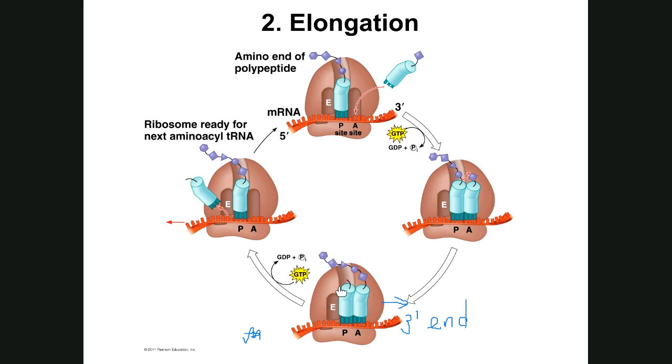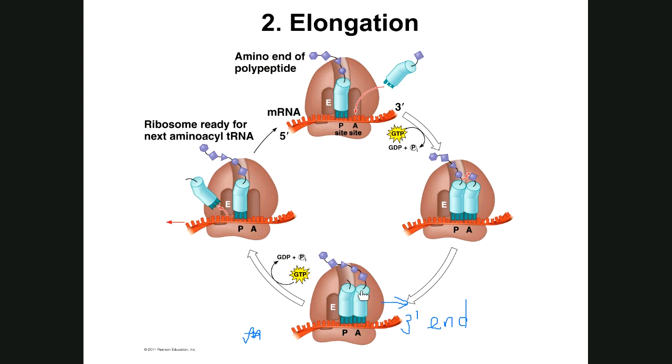The ribosome will shift down to the next codon that is now in the A site, and when the ribosome shifts down to the next codon, this tRNA in the P site that no longer has the growing polypeptide attached to it, that causes this tRNA to be moved to the E site so it can exit. It's done its job. It's through.